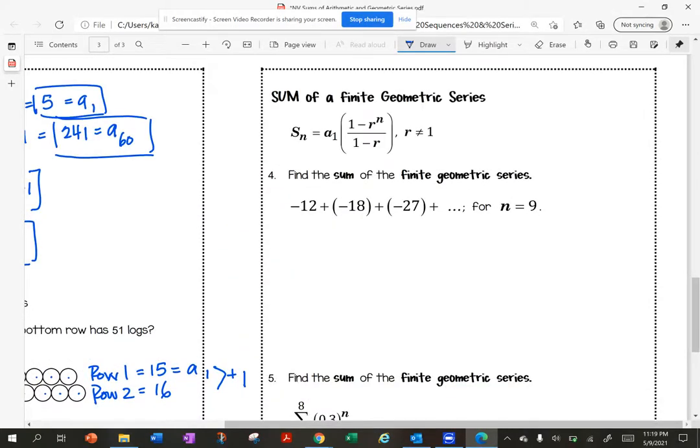So the formula for the geometric series, the sum S sub n, a sub 1 is the first term, n is my number of terms, and r is my common ratio.